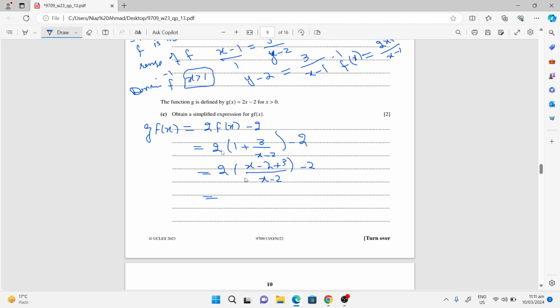The 2 cancels out, so it becomes 6 over x minus 2. So inside you can multiply this 2 with this one, so it will be 2x plus 2 over x minus 2, because 3 minus 2 is 1, and then multiply by 2. So you will be getting 2x plus 2 over x minus 2, and then it's minus 2.